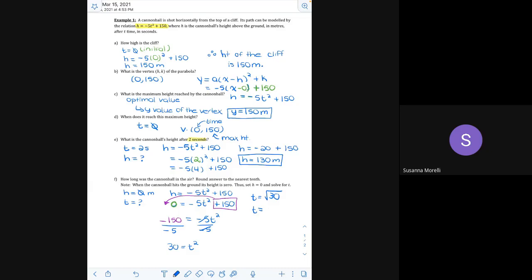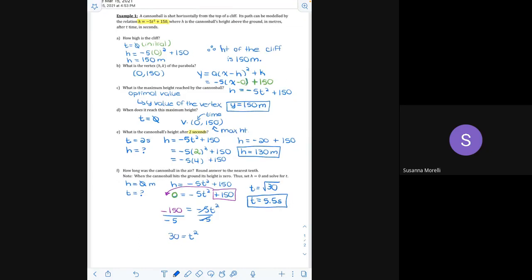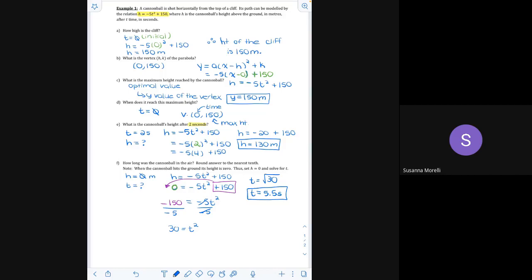So we're going to round it to 5.5 seconds. Okay, so therefore the cannonball is in the air for 5.5 seconds. All right, and there you have it. Hope that helped.